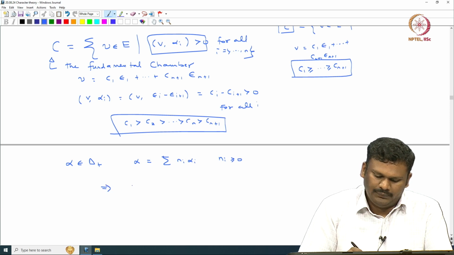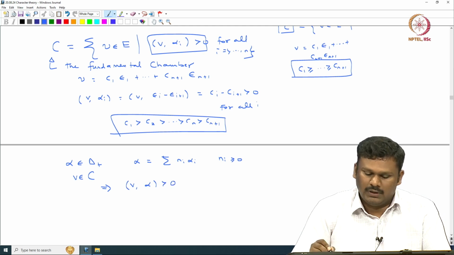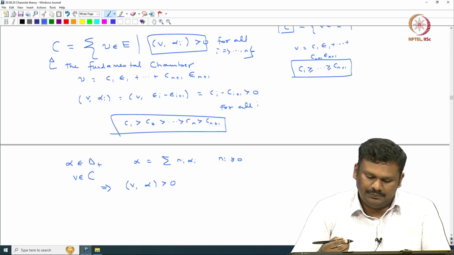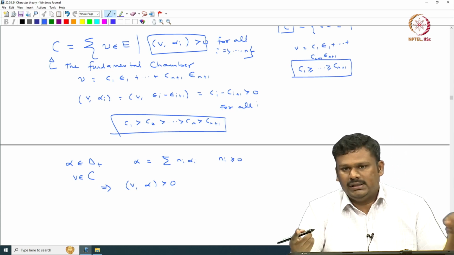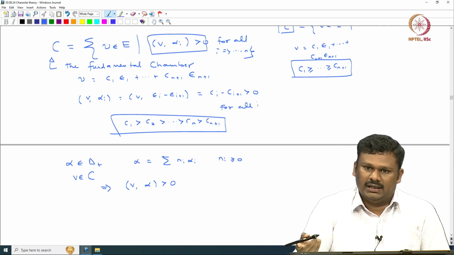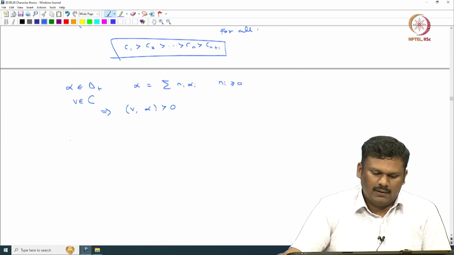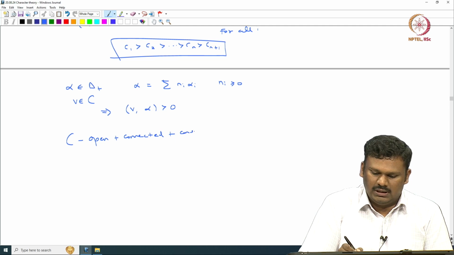This forces that if V is from C, then (V, alpha) is also greater than 0, because one of the n i should be non-zero. So, if you take 2 points from C, they both lie on the same side of these reflecting hyperplanes. So, this C is clearly open, connected and convex, that is obvious.